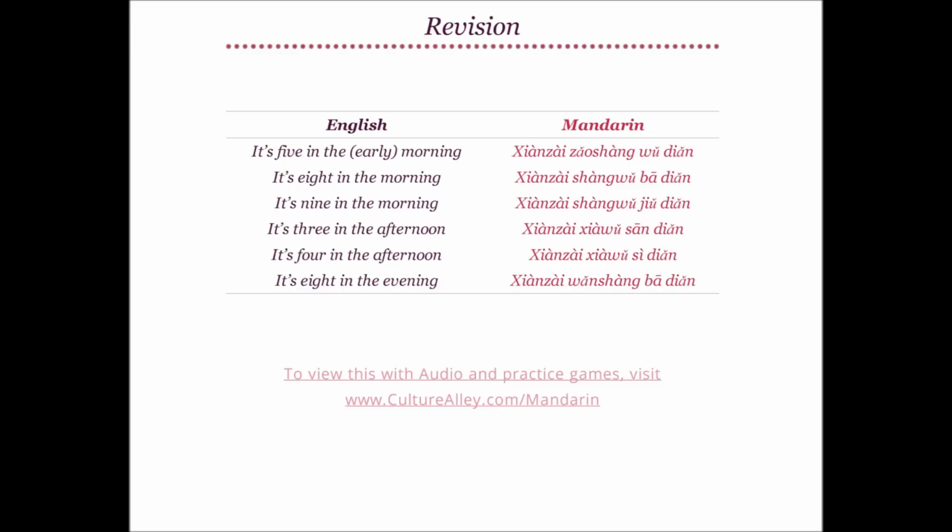Similarly, it's 3 in the afternoon translates to 现在下午3点, while it's 4 in the afternoon becomes 现在下午4点. And finally, it's 8 in the evening translates to 现在晚上8点. Wonderful!